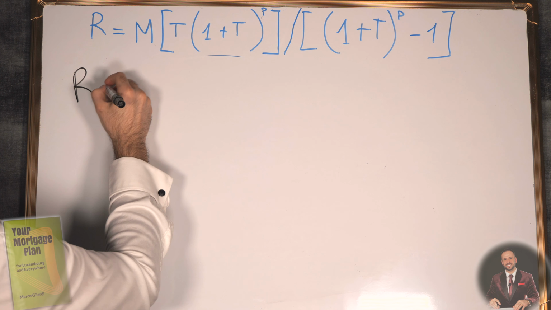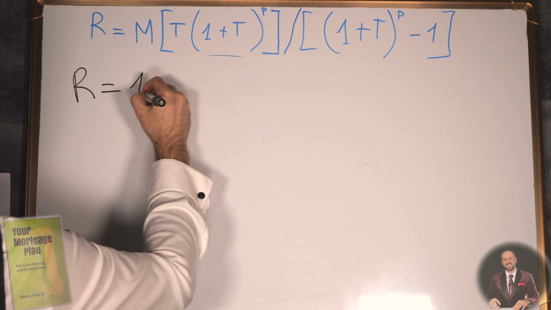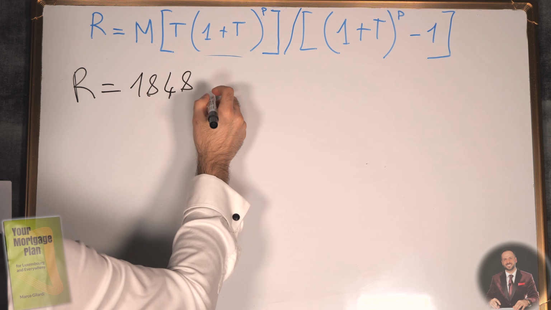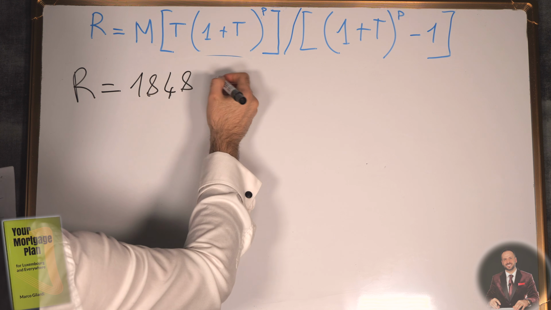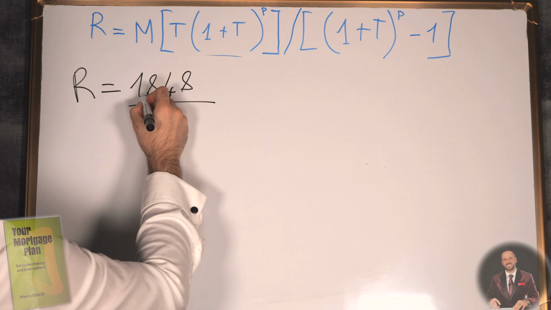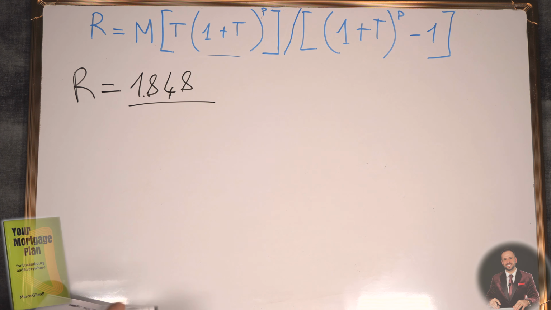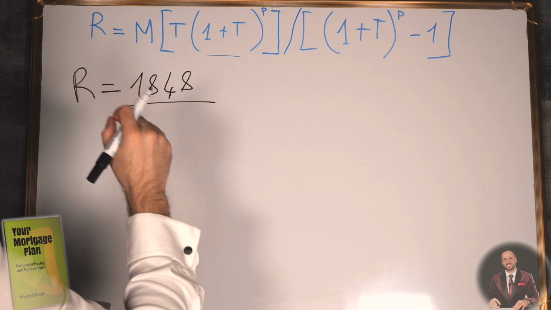It will be R equal 1,848 euro or whatever you want. This is the amount that you are going to pay every month for 30 years.